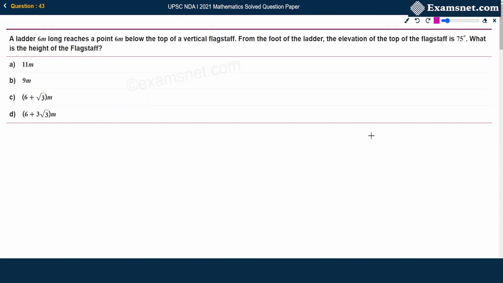If I draw a right angle triangle, let's say ABC is a right angle triangle, and we consider the angle C as theta. So here we can write that sine theta equals AB by AC, perpendicular by hypotenuse.